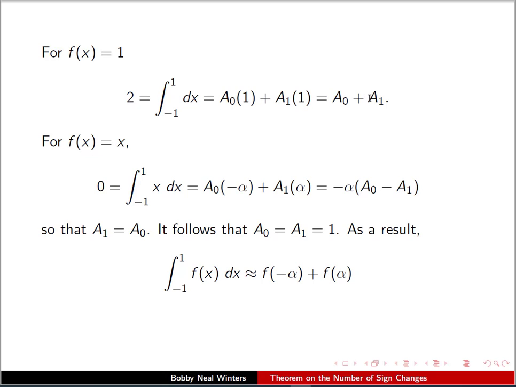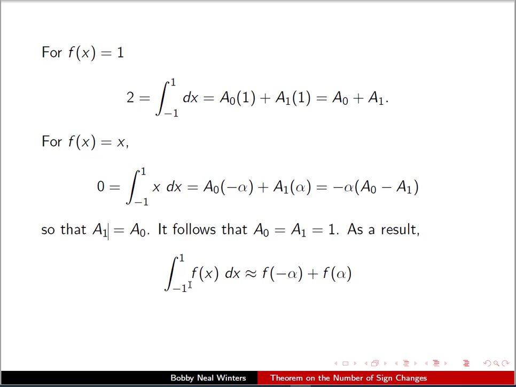It's 2. I get A0 plus A1 is equal to 2. I know what the integral from -1 to 1 of x is. It's 0. So I can figure out that A1 minus A0 minus A1 is equal to 0. So A1 is equal to A2. Substitute this back into here, and it gives me that they're both equal to 1.